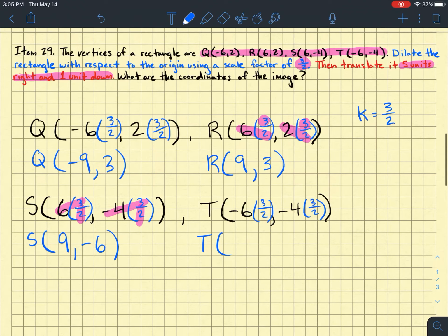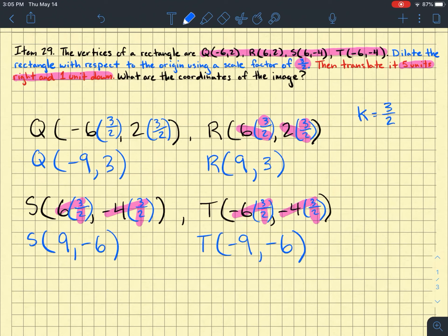And for T, we have -6 times 3 is -18. -18 divided by 2 is -9. And lastly, we have -4 times 3 is -12 divided by 2 is -6.